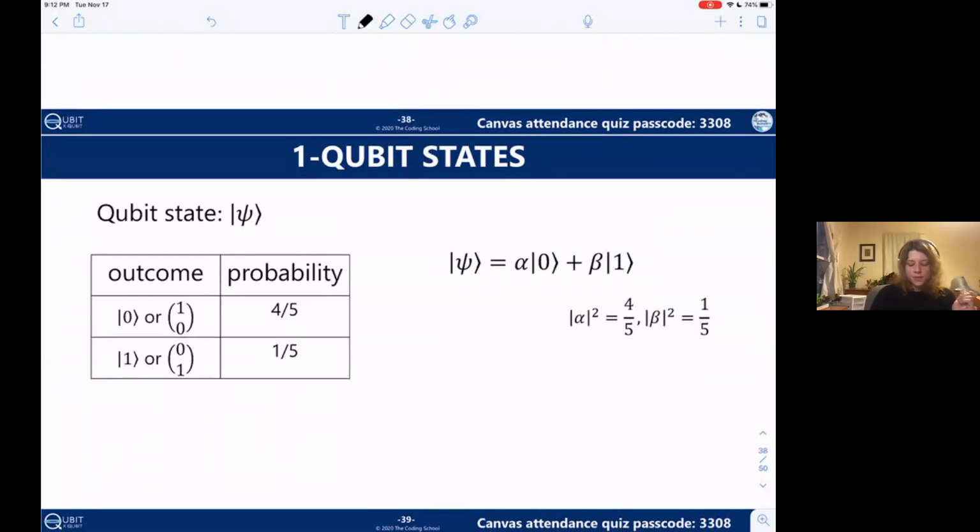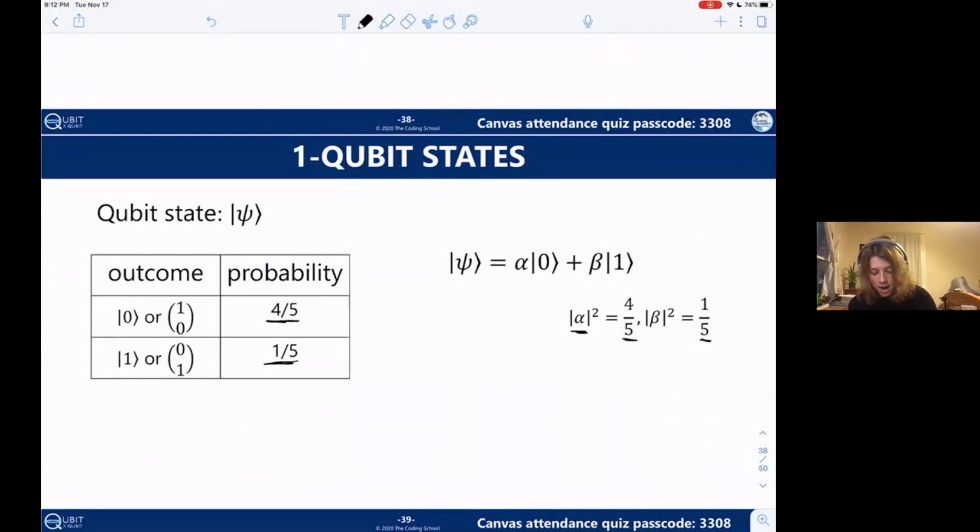Okay, so here is a representative example of a non-equal superposition state. We know our probability is 4/5 that we're in the 0 state, so our alpha squared is 4/5. Same for our 1 state, it's 1/5. Our beta squared is 1/5.